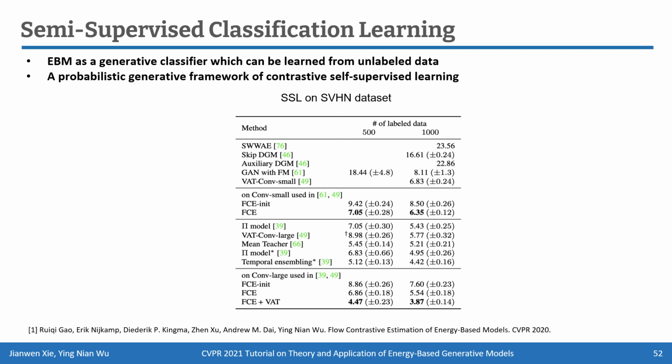So this is the importance. When you train an energy-based model, you are not only training a generative model, you are also training a classifier, or at least a pre-training for a classifier that can be used for downstream classification tasks. This example shows that this method indeed leads to very good performance on semi-supervised learning.